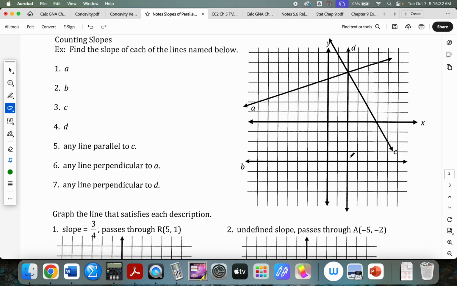When you have a graph, the simplest thing to do is to use lattice points to simply count the slopes. So, for example, for finding the slope of line A, here is a lattice point, that is where the line goes through the corner of your grid, and here's another lattice point.